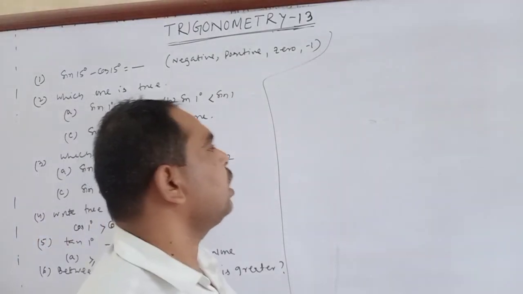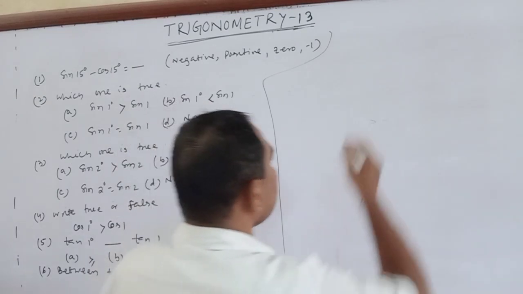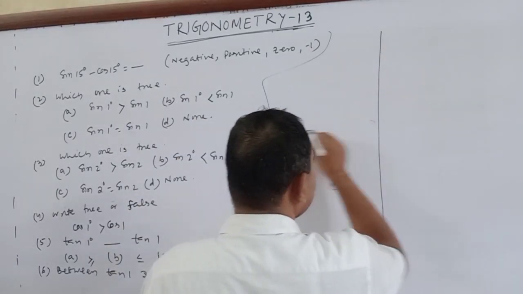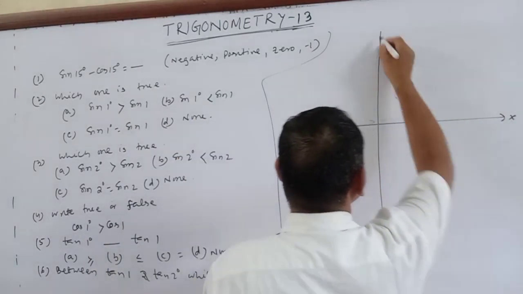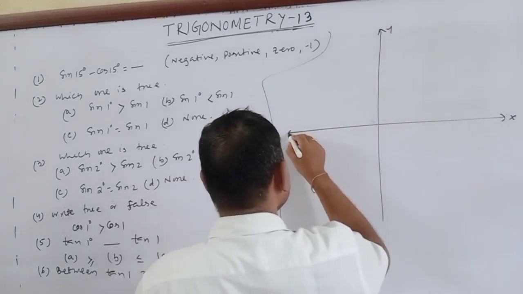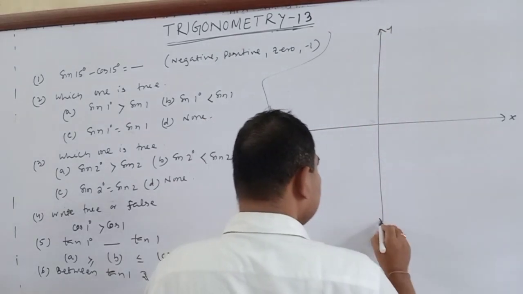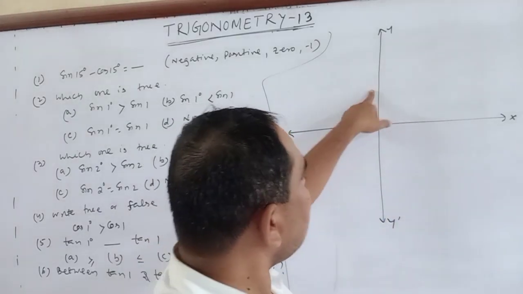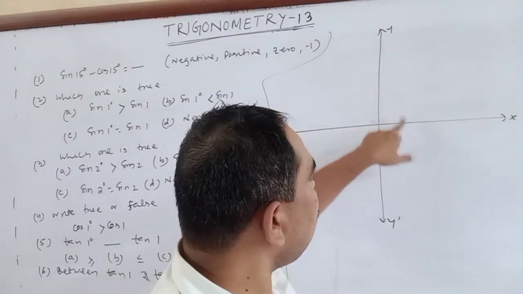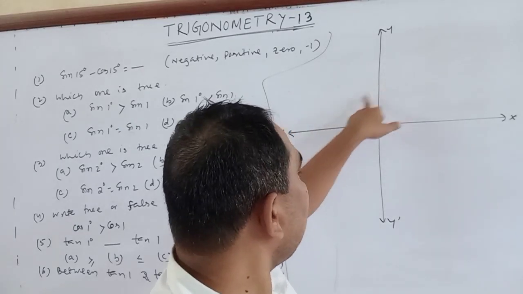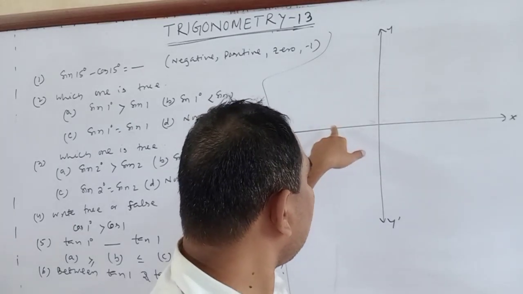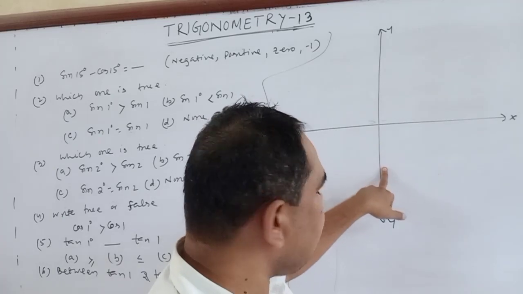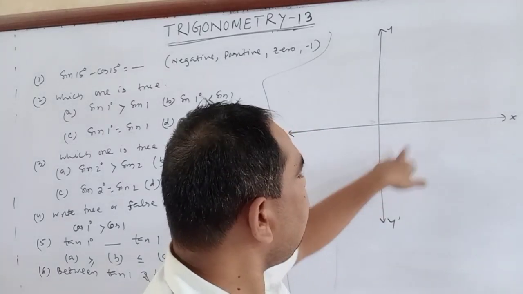First, again, this is x axis, this is y axis, this is x dash and this one y dash. 0 to 90, 90 to 180, 180 to 270 and 270 to 360.